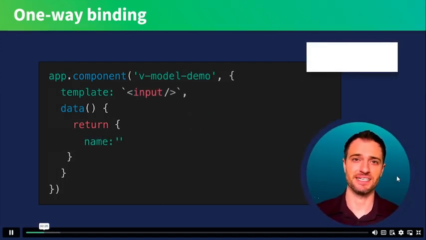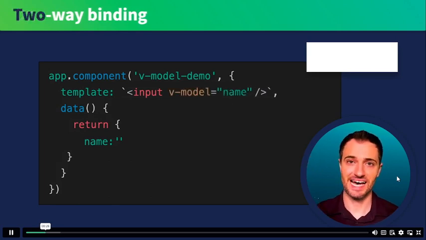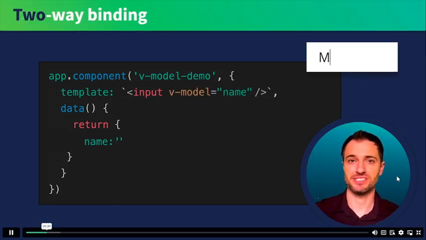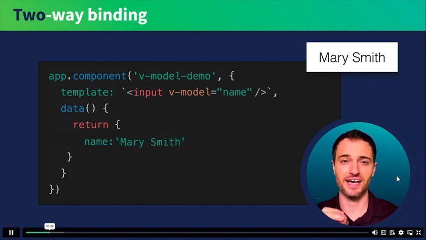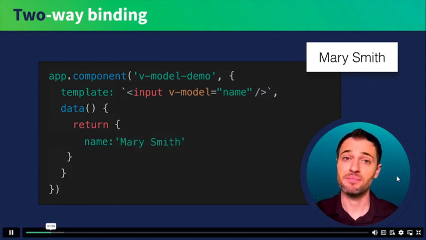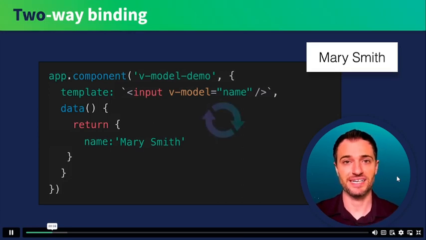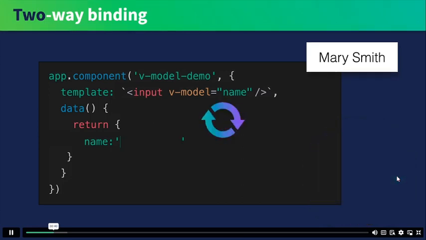We also need to be binding from the template to the data, so that when a user inputs their name into an input, for example, we record and store that value in our data. v-model helps us achieve this, creating two-way data binding. That way, if our data value changes, the value in our template also changes because of this two-way binding.